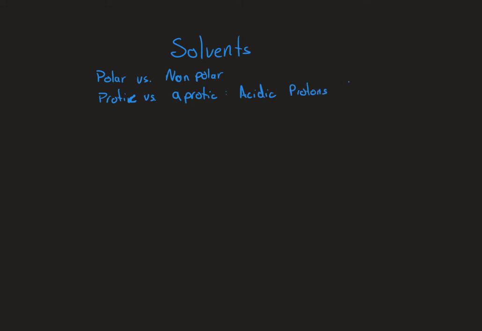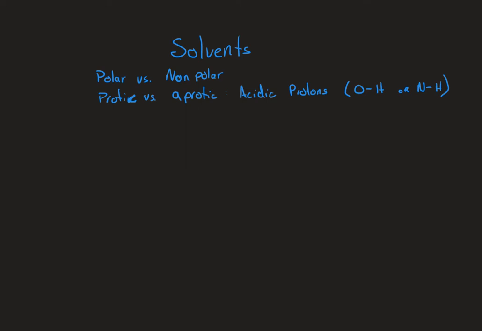Another way that we think about that is, do they have an OH proton or an NH proton? Solvents with OHs or NHs are deemed protic. Solvents that do not have an OH or an NH in them are aprotic.